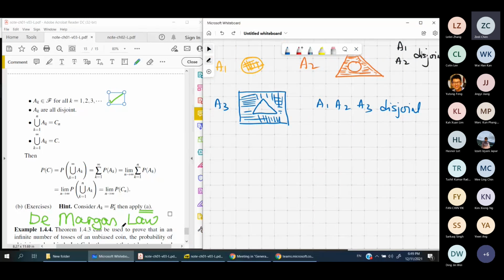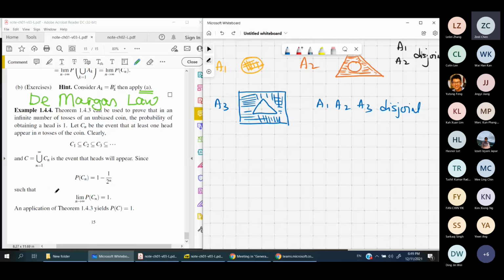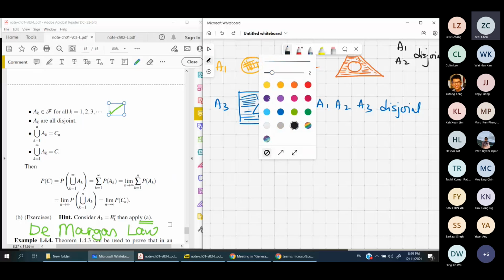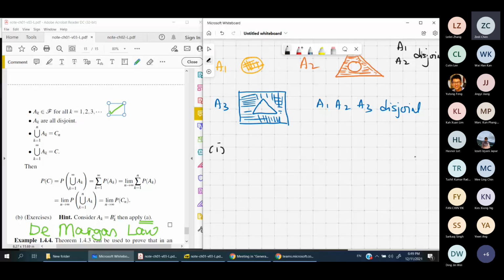Okay, all right, so one by one. So then we have this observation here. Number one, we can see this. I think the first observation is straightforward, so we can see this: all the AK are events.